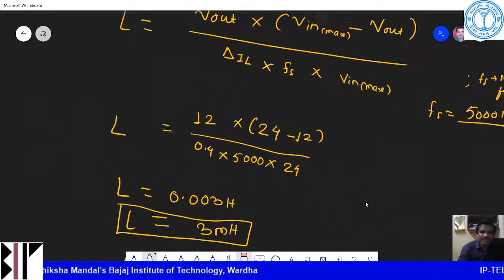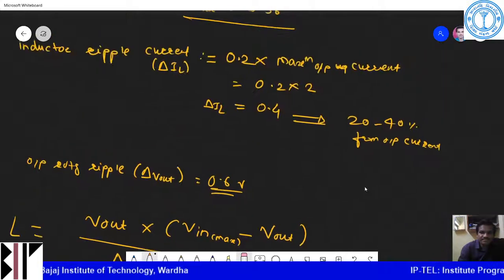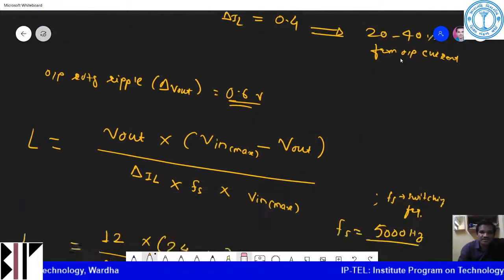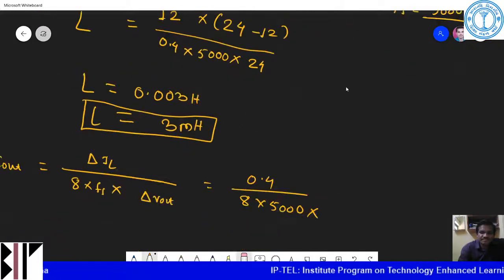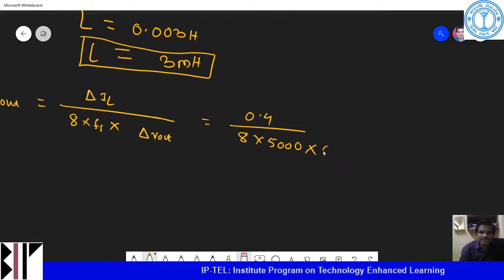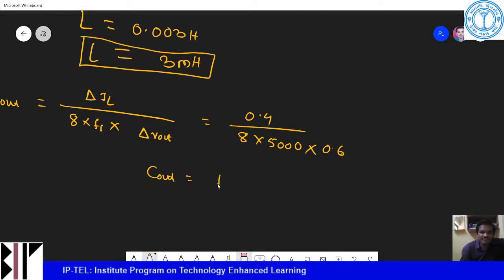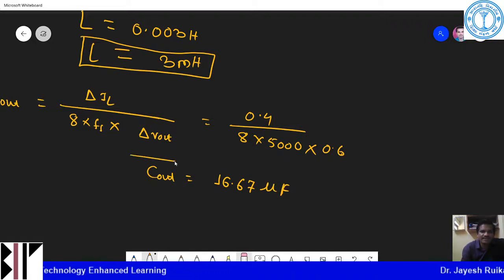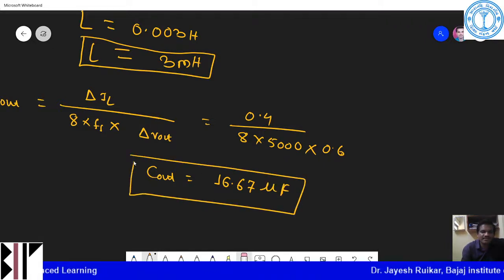The value of delta V out is 0.6. So my C out in this case comes to about 16.67 microfarad. This is the C out.